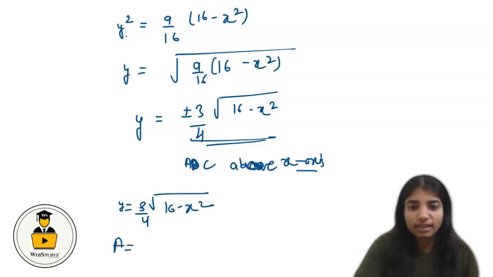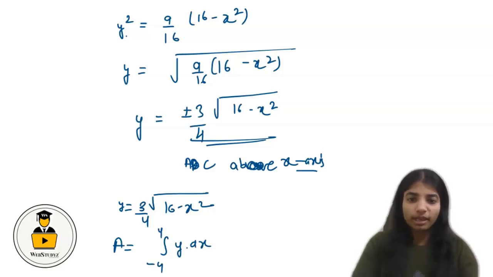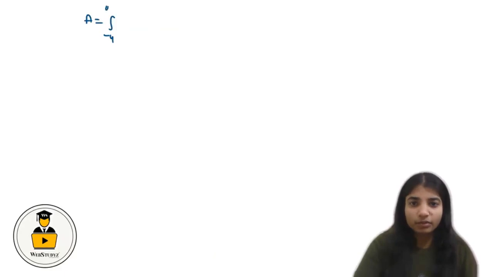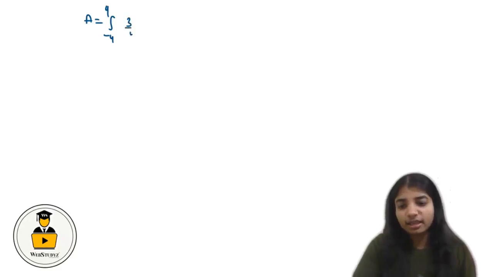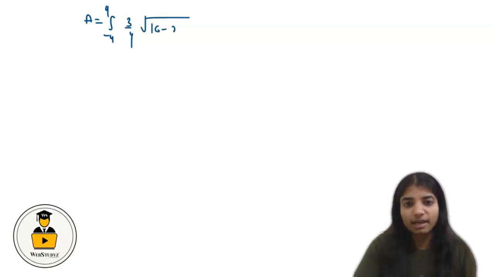And we just discussed that the area of the ellipse is y multiplied by dx, where the range of x is from minus 4 to plus 4. Now we are going to plug in the value of y. So from here the value of A becomes the integral from minus 4 to plus 4 of what we just calculated, 3 divided by 4 under root of 16 minus x square, which is further multiplied by dx.